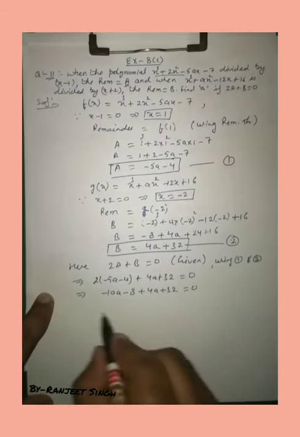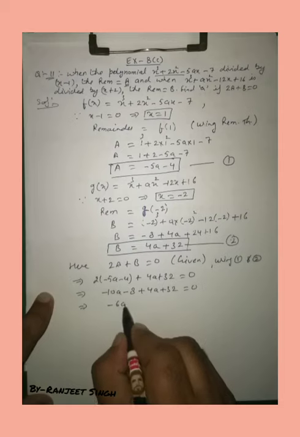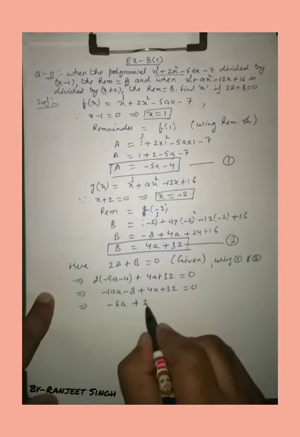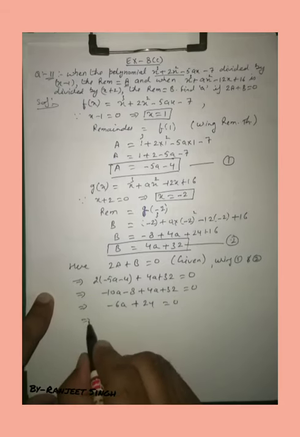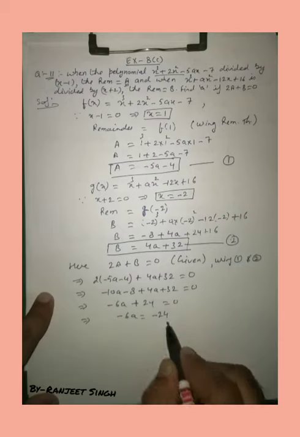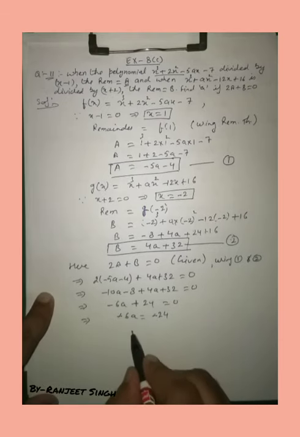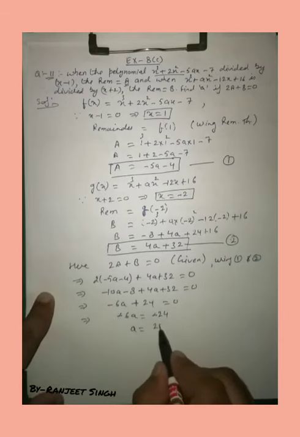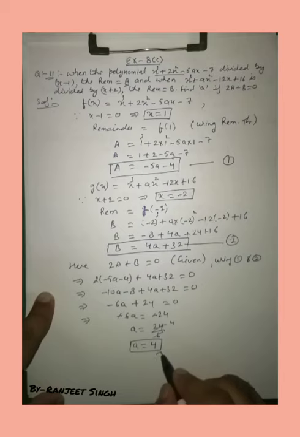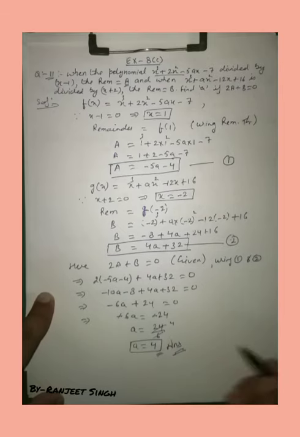So minus 10a plus 4a becomes minus 6a, and 32 minus 8 is 24, plus 24 is equal to 0. So now taking 24 on the other side, it becomes minus 24. Now on solving this, we get a is equal to 24 over 6, so that is equal to 4. Therefore a is equal to 4 is the required answer.